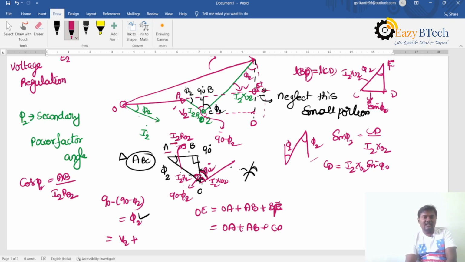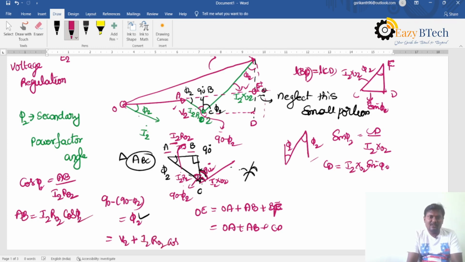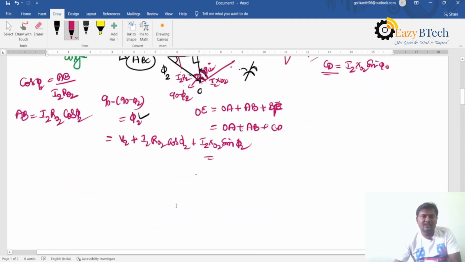We have to calculate the AB length. The AB is equal to I2 R02 cos phi 2. So now substitute here I2 R02 cos phi 2 plus CD. What is the CD value? We already derived that. That is I2 X02 sin phi 2.